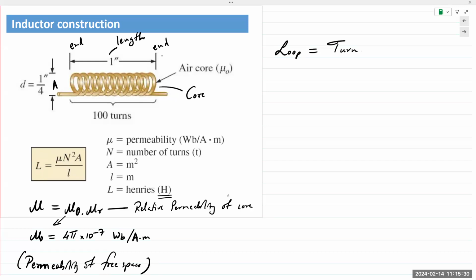That's a material property. It is simply a ratio. It is measuring the permeability of that material relative to mu 0. And so it does not have any units. It is dimensionless. It's a ratio, so it is unitless.